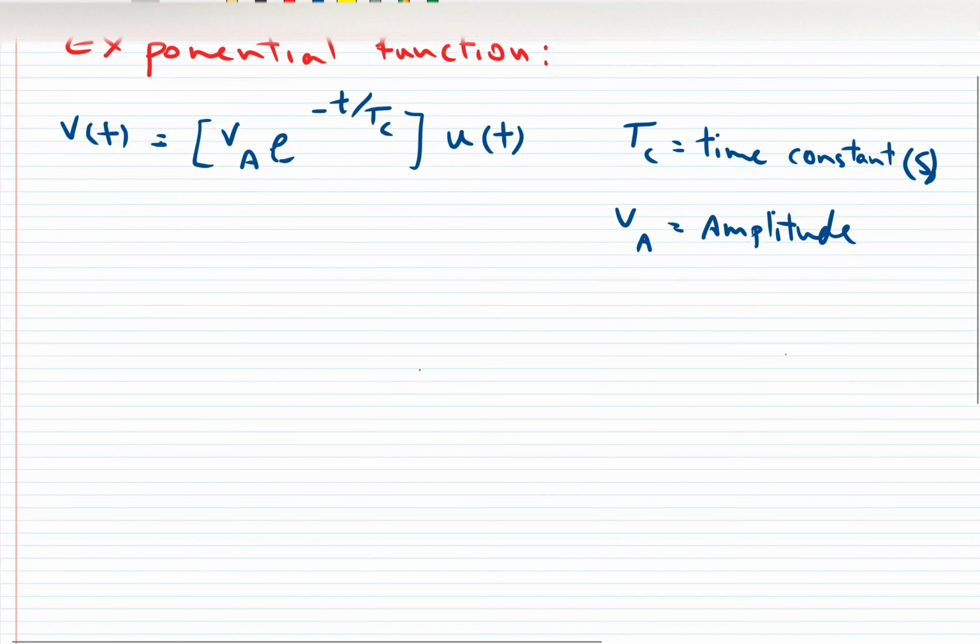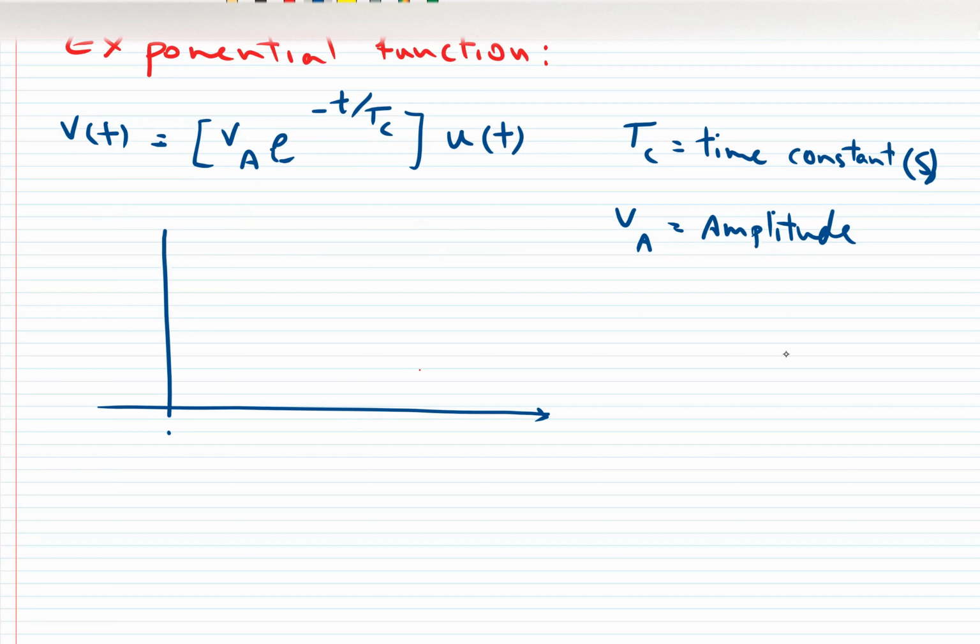If we graph an exponential function, we will have this graph. Here, the y-axis is v of t. The x-axis, we show it in the form of t over Tc instead of t. And here is time units.